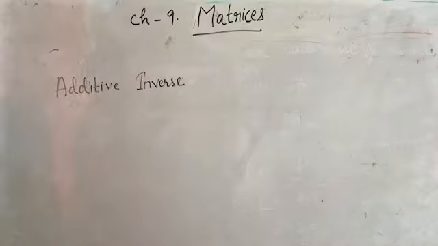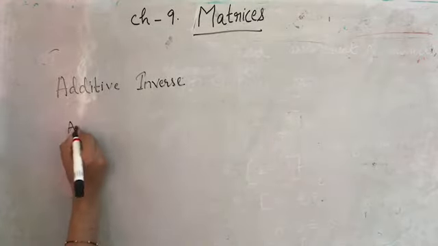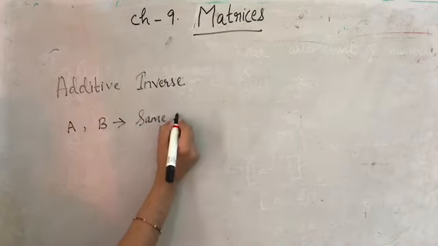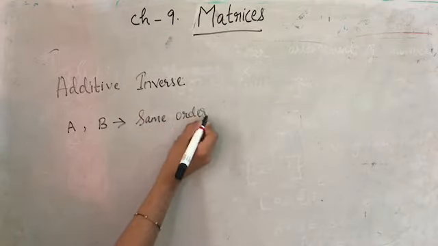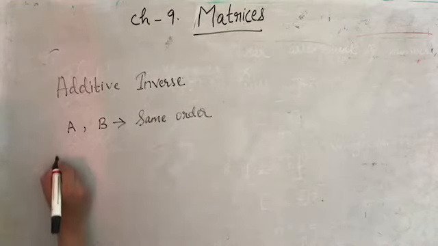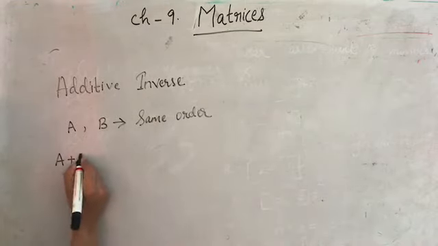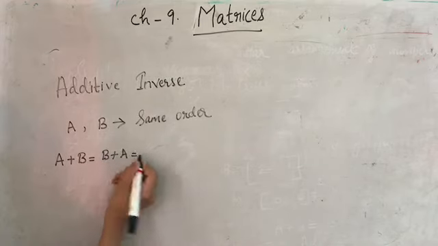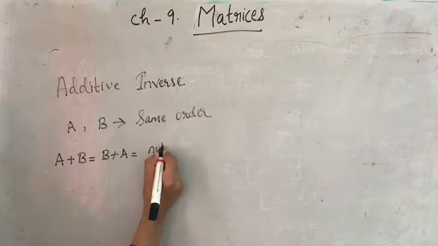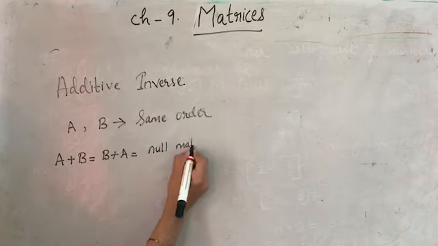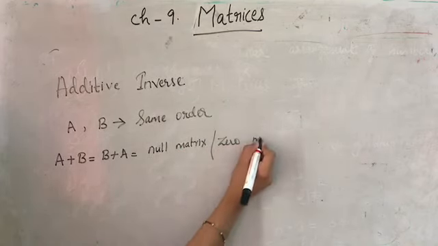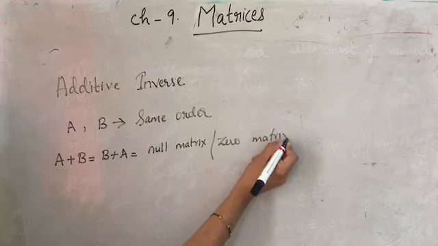Next topic is additive inverse. If A and B are two matrices with the same order, and A plus B equals B plus A equals a null matrix or a 0 matrix, then that is called additive inverse.